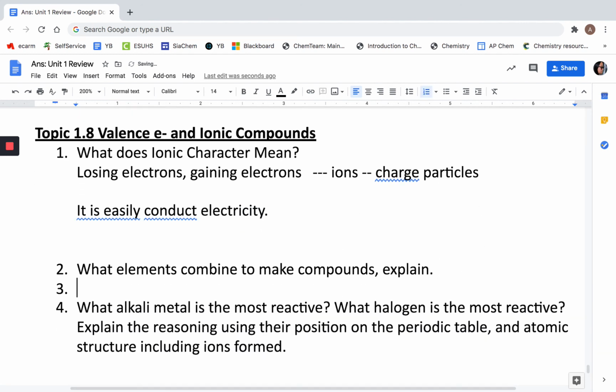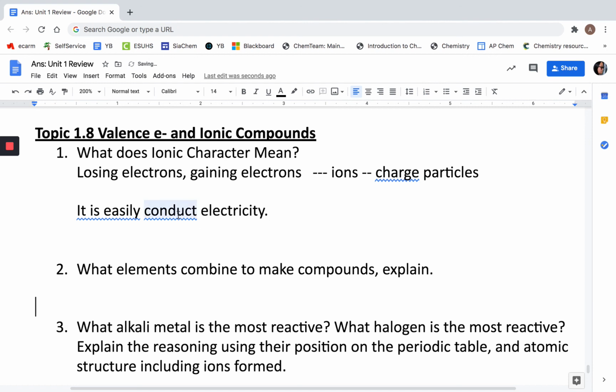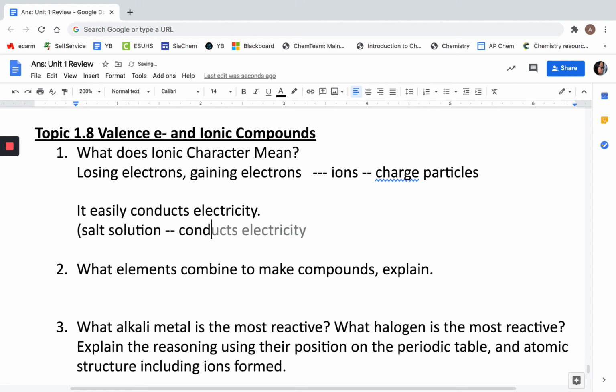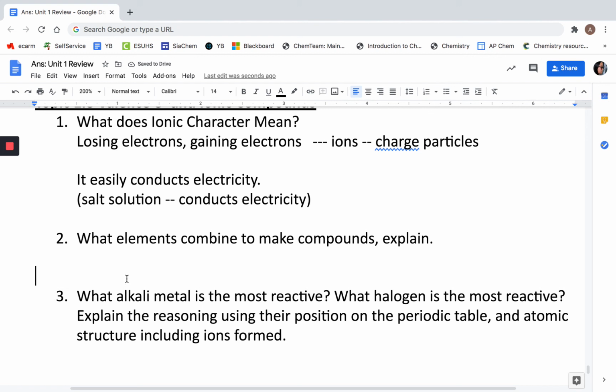Basically, you can shock them. So think about like salt solution. Basically, you can put the probe in it and it will light up. It will conduct electricity. So you can say salt solutions conduct electricity.